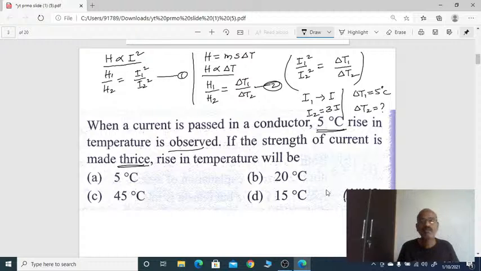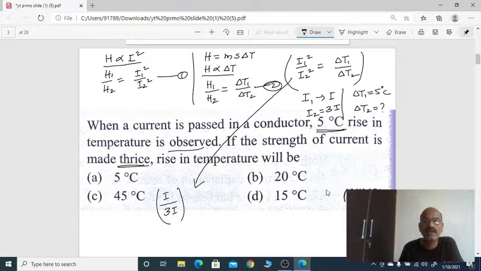Abhinav, Vivin Francis, the rise in temperature will be here. Everything is given. Now you can use it quickly. Yes, I1 is I, by I2 is 3I whole squared, equal delta T1, 5 degrees Celsius, by delta T2, we need to find.